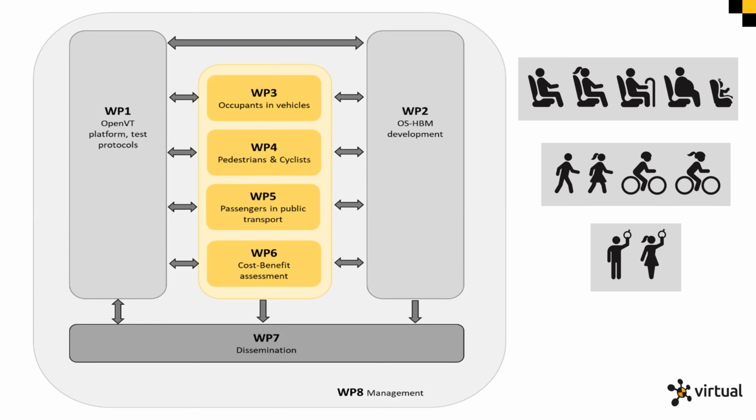And then we have 3 different work packages, each for a specific road user and loading case. We have occupants in vehicles in one work package, pedestrian and cyclist in another work package, and we address standing occupants in public transport in work package 5. In addition, we also look at cost benefits of the suggested solutions that we will address in this project.